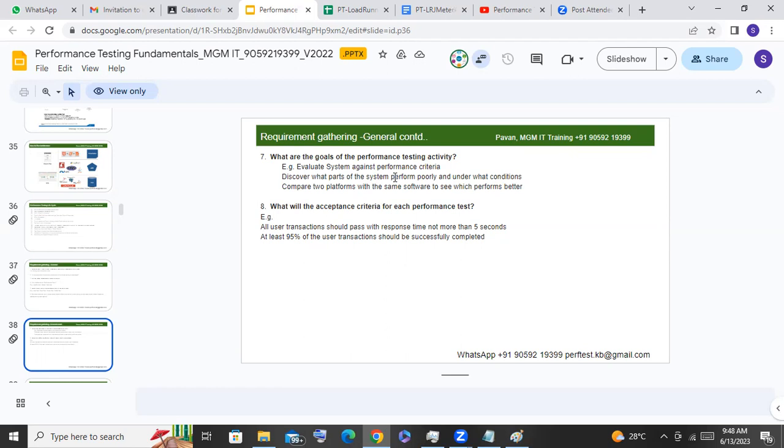For example, let's say you assume that all you want to do is a load test and find out whether the response times conform to the SLAs with the specific load. But the client assumes that you would do a scalability test and also a capacity test. What would happen?